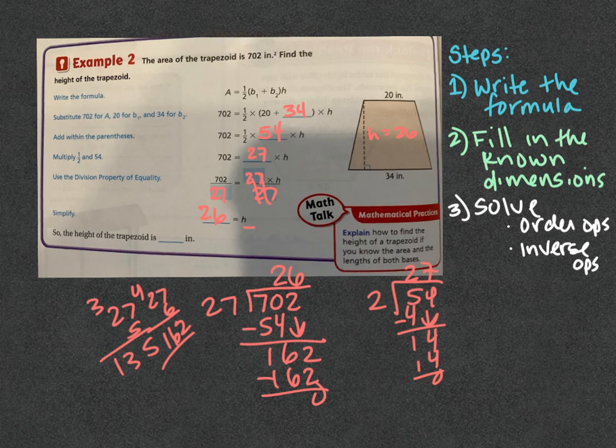Anyways, you'll just follow through the steps that you need to in order to solve for whichever unknown you have, and you'll be able to find it. So that's all this lesson is doing. Write the formula, fill in your known dimensions, and solve using the skills you've learned. You've got this. You're going to do just fine.